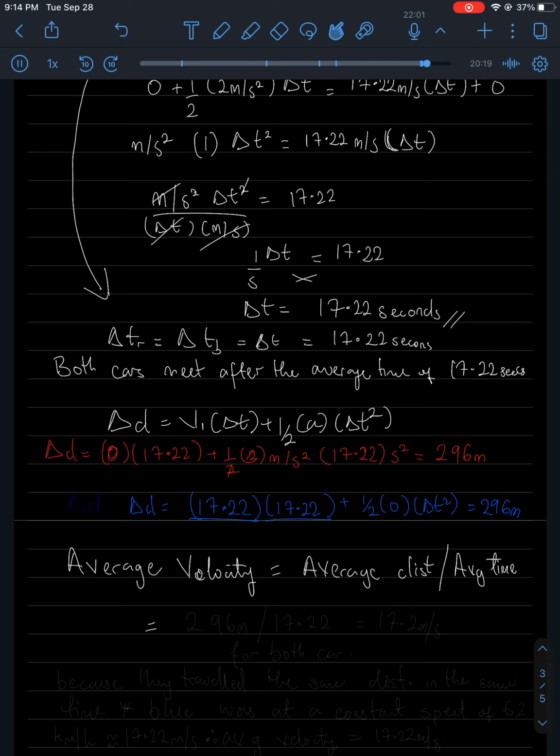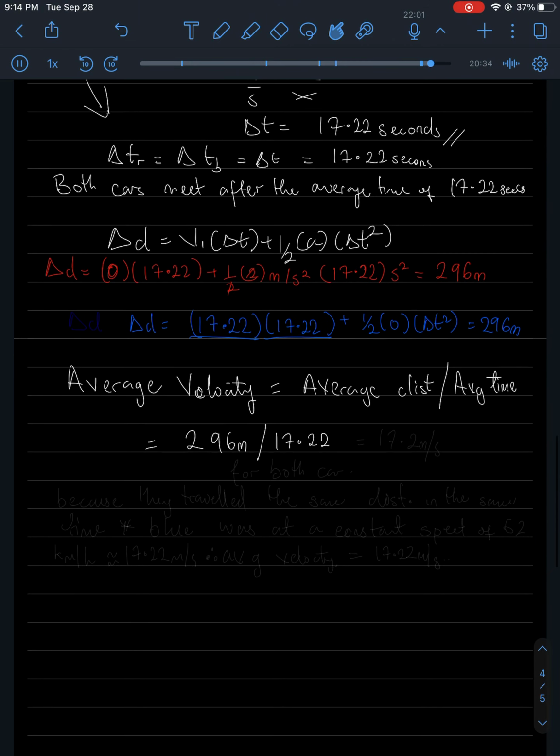So we know our average distance traveled is 296 meters, and our average time is 17.22 seconds. So this gives us about 17.2 meters per second. And this would be for both the red car and the blue car.